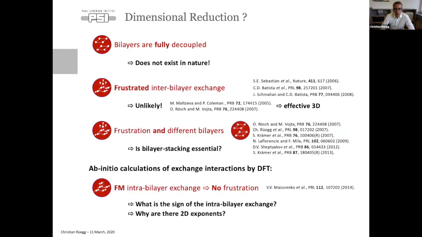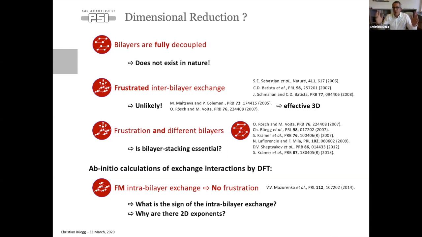And so there were several scenarios discussed over the years. One was that these layers are fully decoupled. We know that doesn't exist in nature. It was said that frustration was a potential mechanism. In principle it still is possible, but there are arguments why it's a bit unlikely to really lead to full decoupling because of virtual hopping processes. Then we also found a structural phase transition, and we also said that it has to be important that you have different types of layers, A, B, and C. And then really a big shock came.